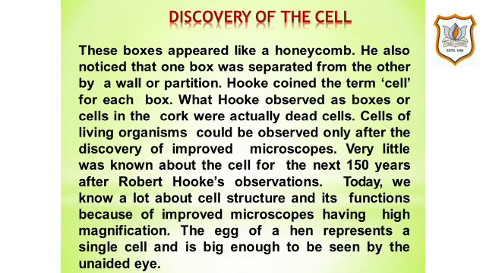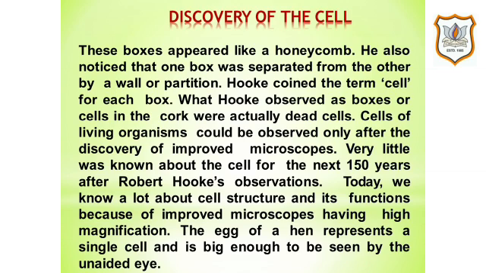Cells of living organisms could be observed only after the discovery of improved microscopes. Very little was known about the cell for the next 150 years after Robert Hooke's observations. Students, today we can know a lot about cell structure and its functions because of improved microscopes having high magnification.